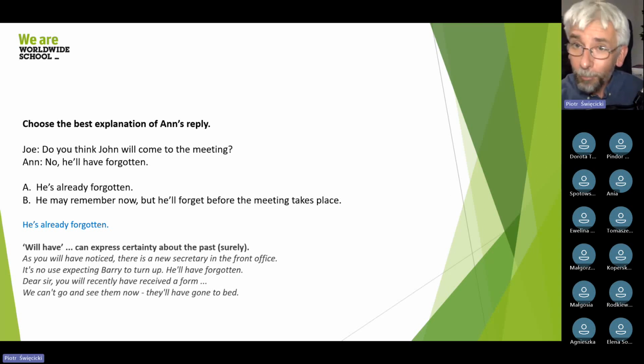So if you add a modal verb like should, and then you add have, and then past participle, what you get is, for example, you should have asked him, or that should have been a nice film, or that could have been a nice film, or that might have been a nice film.